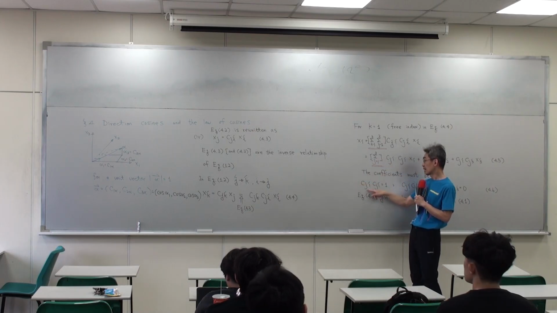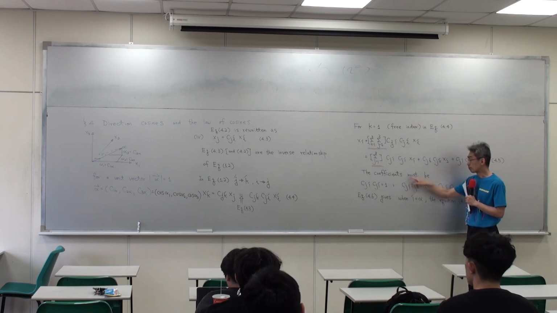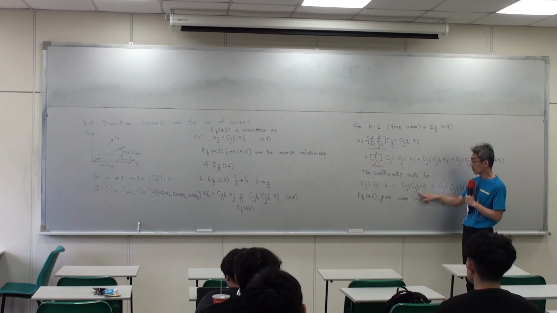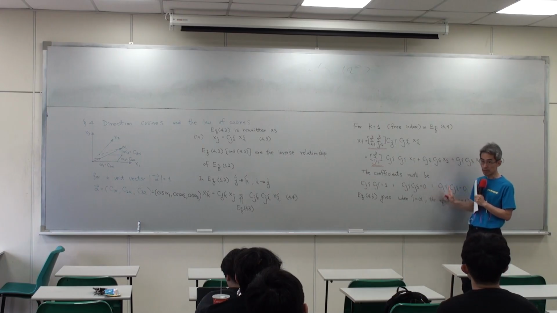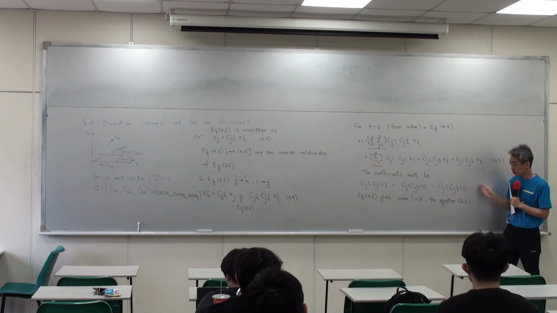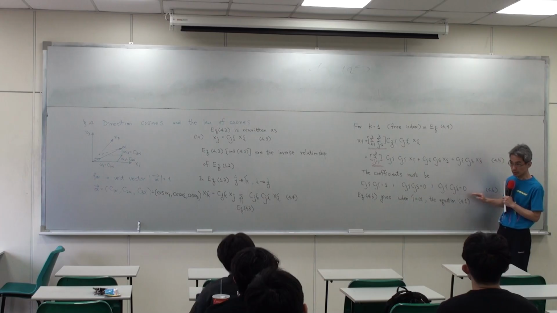So j will be the dummy index. Similar for this, we shall have 3 different directions, but the summation of the 3 different directions' cosine theta will become 0, similar to this one. So this will be the complete law of cosine, which should be like this.